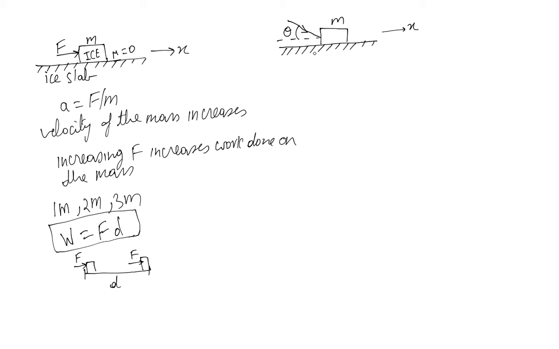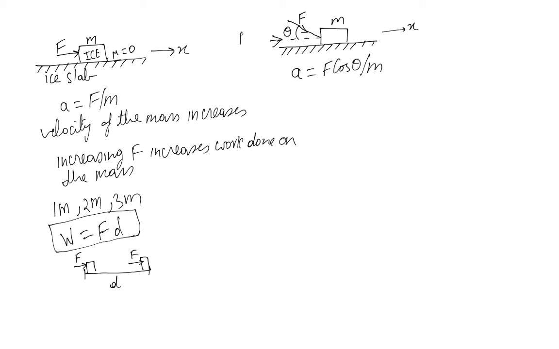Even if you applied an angle theta, this force F is still going to provide some acceleration, and because of that the object will gain some velocity. But the acceleration now is not going to be F over m, but F cos theta over m, because we are going to break up this force.